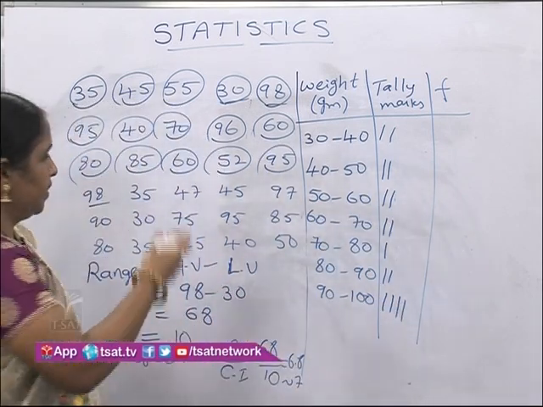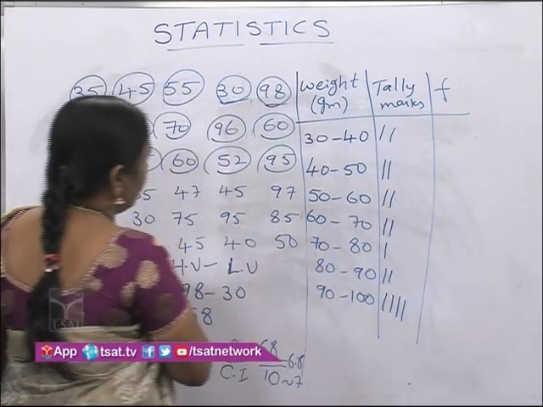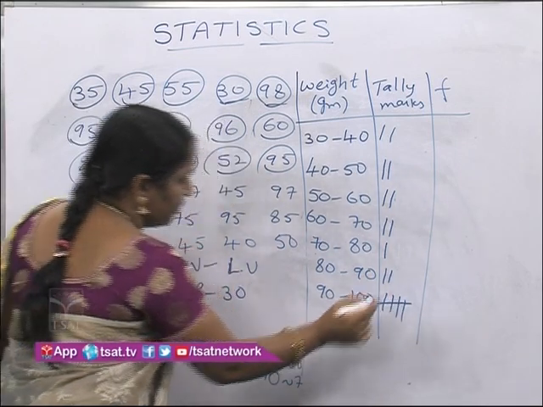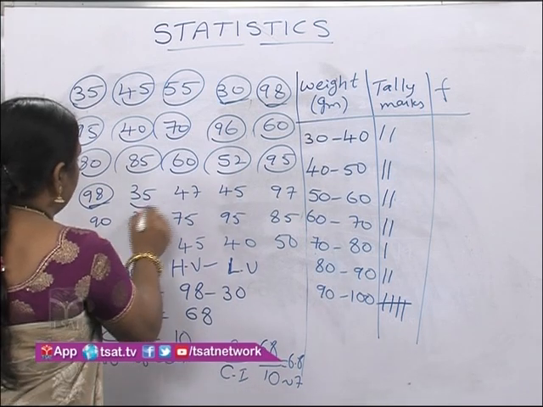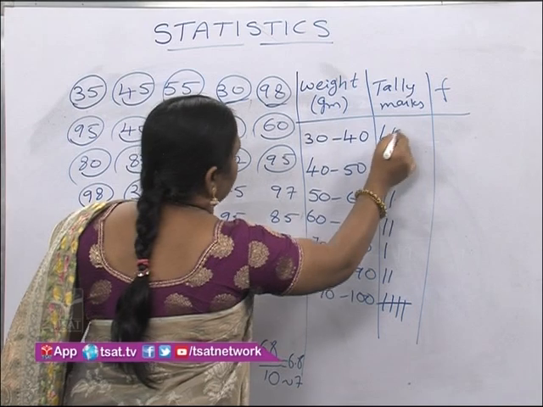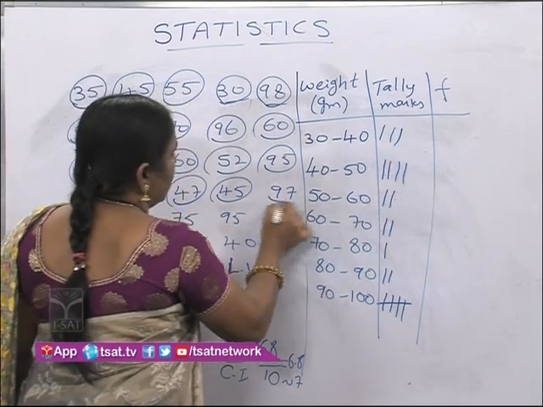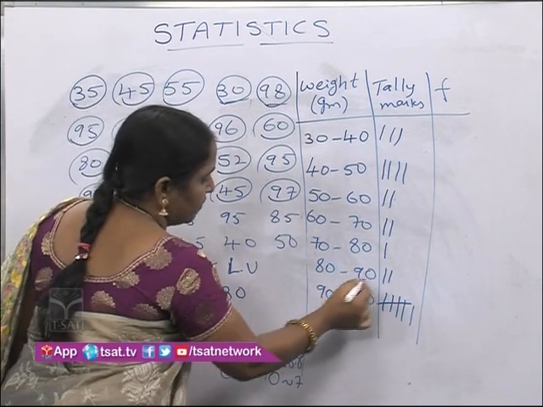So if you keep on adding tally marks, finally you will get how many, let us see. Okay, 98. So 4 over, no, for the fifth one we need to make a bunch for easy counting. 35, 47, 45, 97, then 90, again 90, where do we need to add?